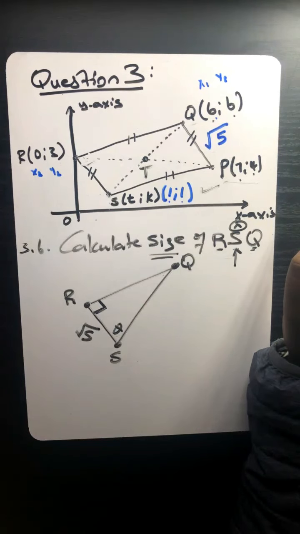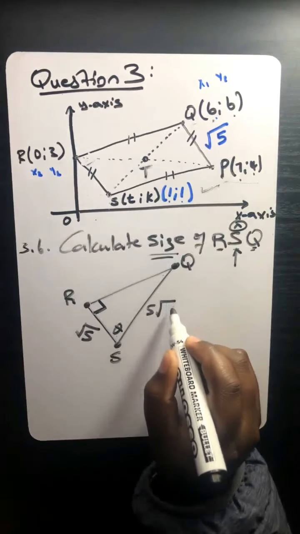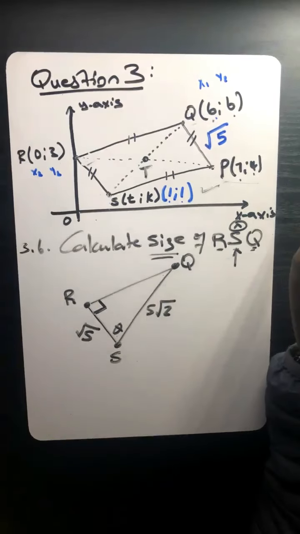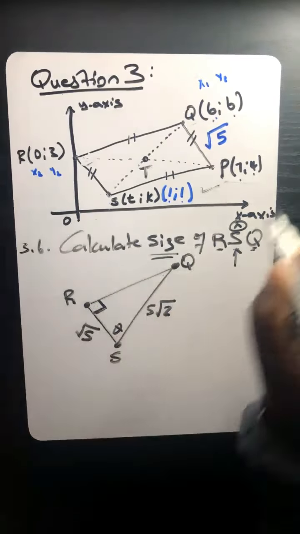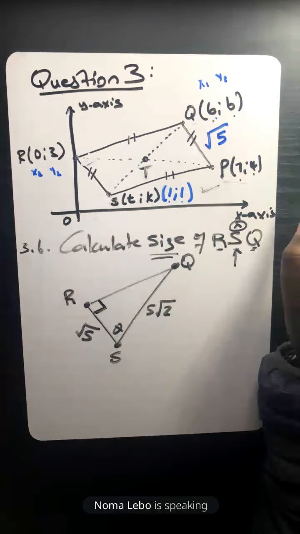The length of SQ, which is 5 root 2. Do we also know that length? Or we did not calculate it, isn't it? Yes, we did not calculate it.